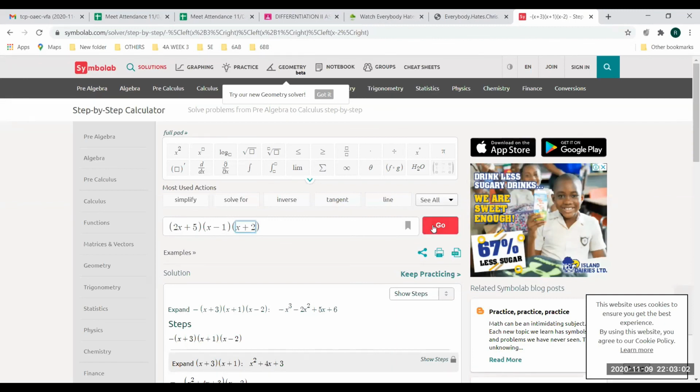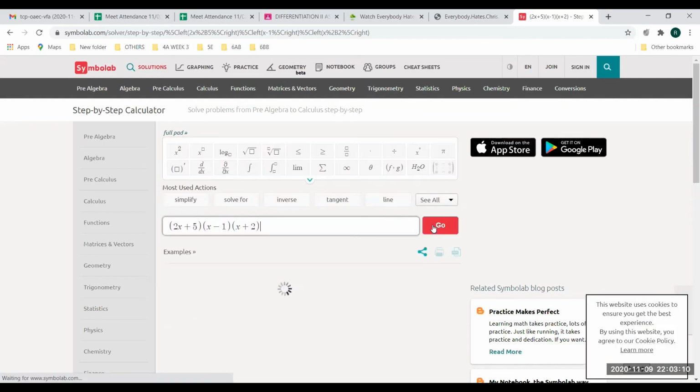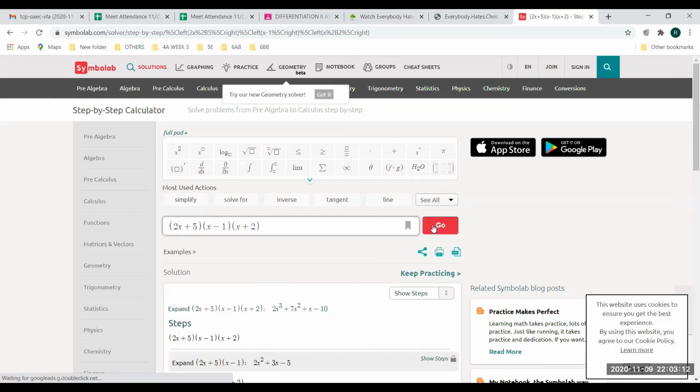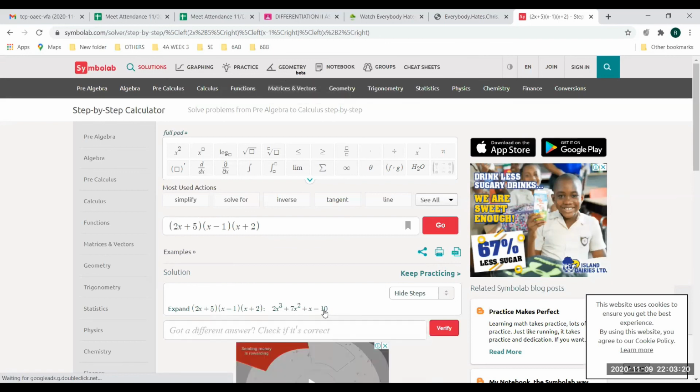Let's see what this simplifies to. What this simplifies to is 2x cubed plus 7x squared plus x minus 10. Now we're getting this for our answer.